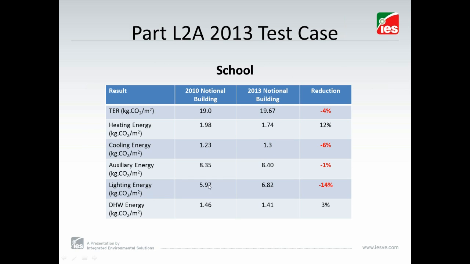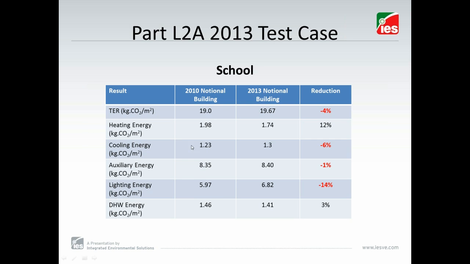So you note here that for 2010 to 2013, a number of the elements are actually going up in terms of the kilograms carbon. So with the lighting, and I think this is something that you will see in quite a number of designs, I've added in the occupancy sensor controls and the improved lamp efficacy, but the inclusion of a maintenance factor on the 2013 notional building lighting results in an increase in lighting energy, okay, compared to the 2010.